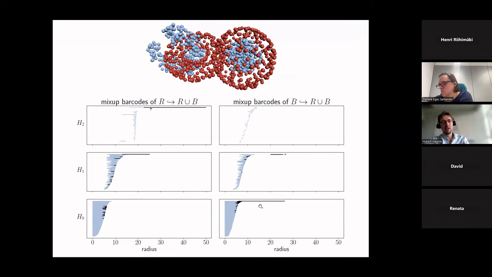And in general, the longer the black part of those barcodes, the more interaction there is. And the stronger the interaction and the more red bars we have, the more frequently we have some kind of interaction. Another interesting case is in H1 when we include blue into the union.